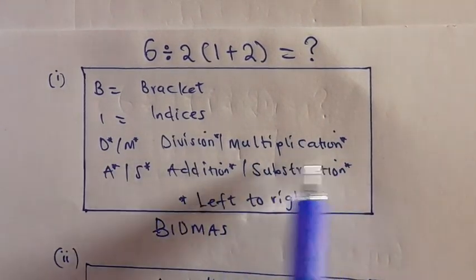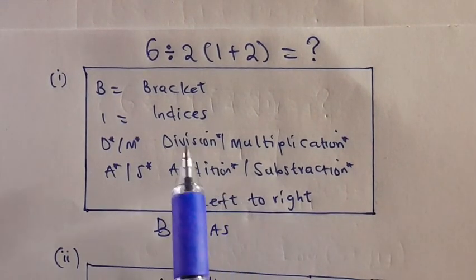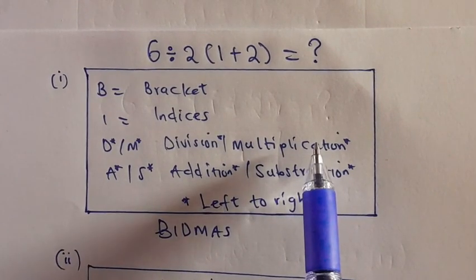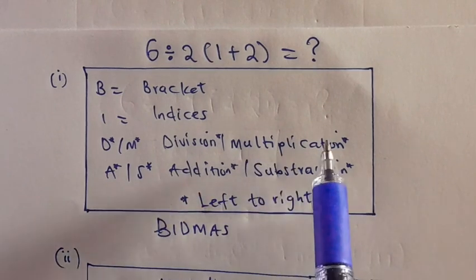But you must understand that in the case of BIDMAS, what BIDMAS says is that division and multiplication, no one is more priority over the other. That is, no one is more important than the other.